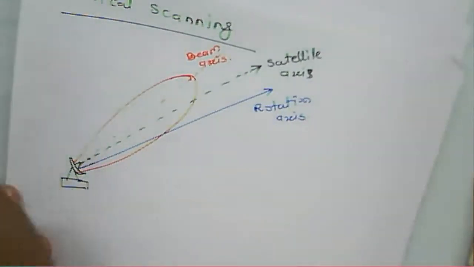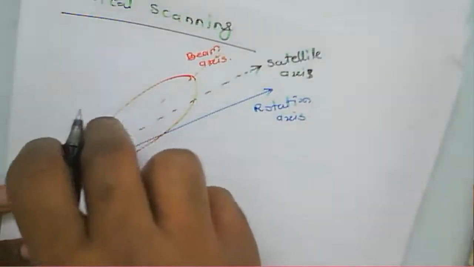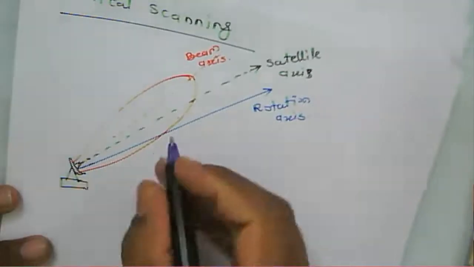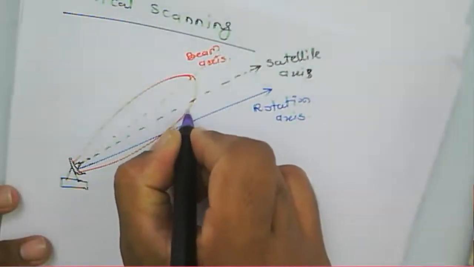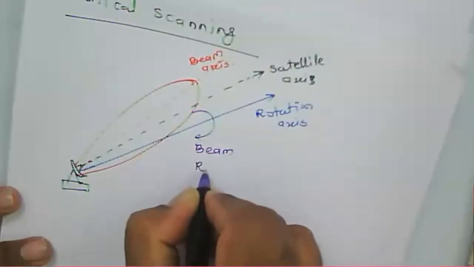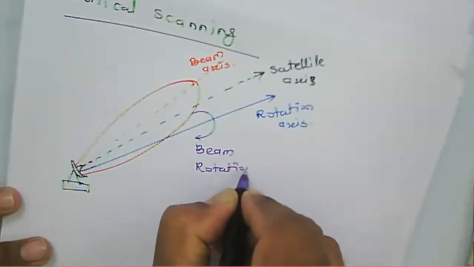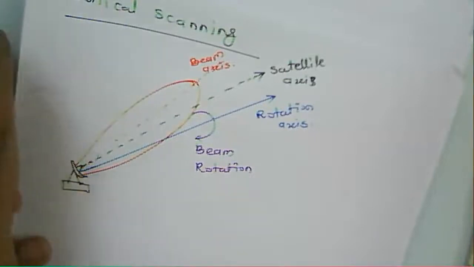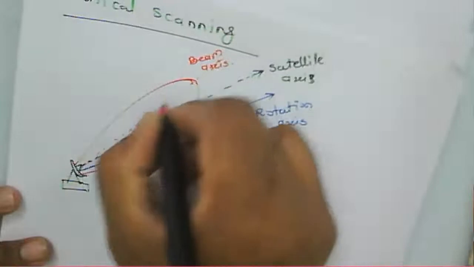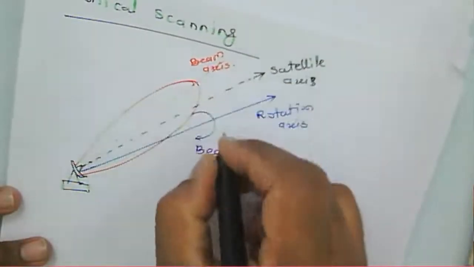Now the beam is to be rotated. This is your beam, so the beam is to be rotated. That is the beam rotation. And then we have the main beam axis there, and this one is the rotation axis.